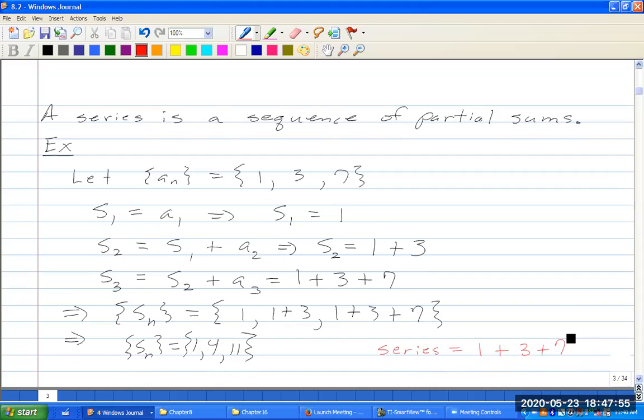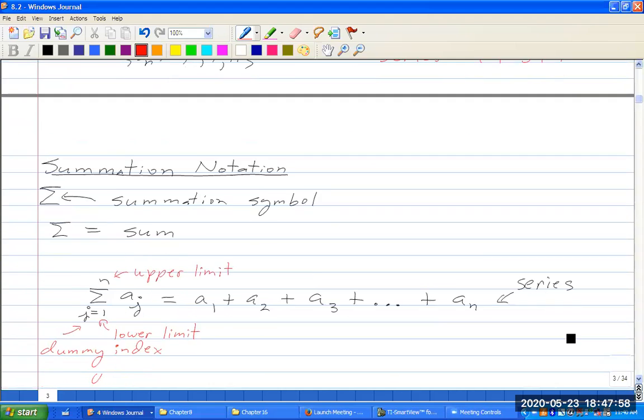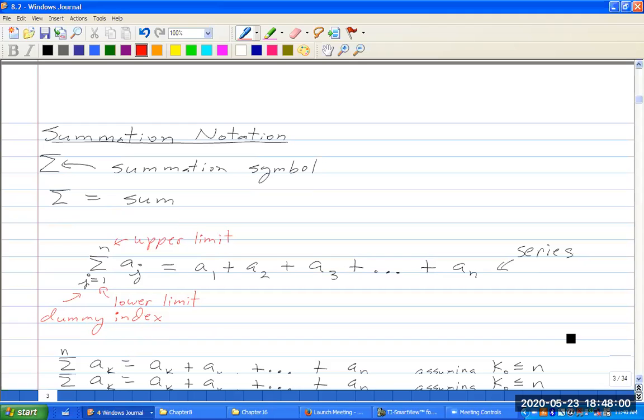Okay. We'll usually use some notation to simplify what I've written here. And so the summation notation, this symbol here is called the summation symbol. It is sigma.